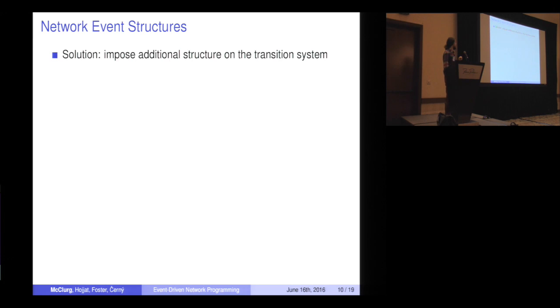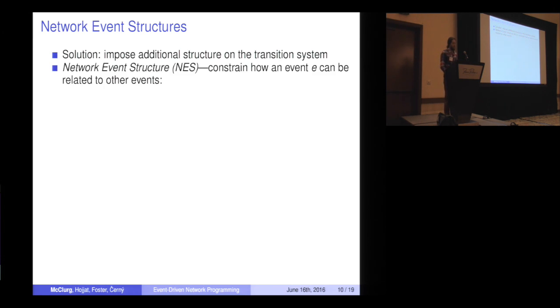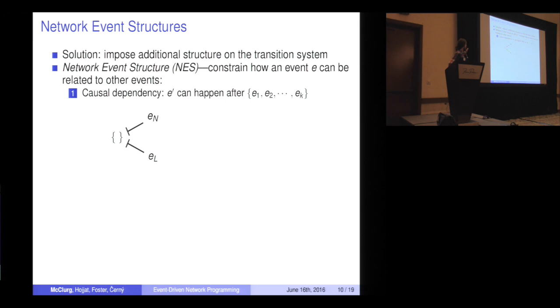What we do in our paper is add additional structure to the transition systems. So rather than these basic transition systems, we have what are called event structures, which constrain very specifically how events can be related to other events. So we have two types of relationships between events.